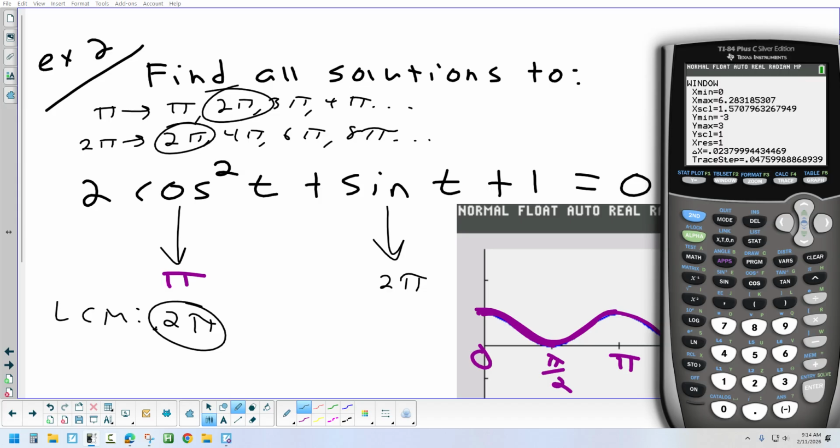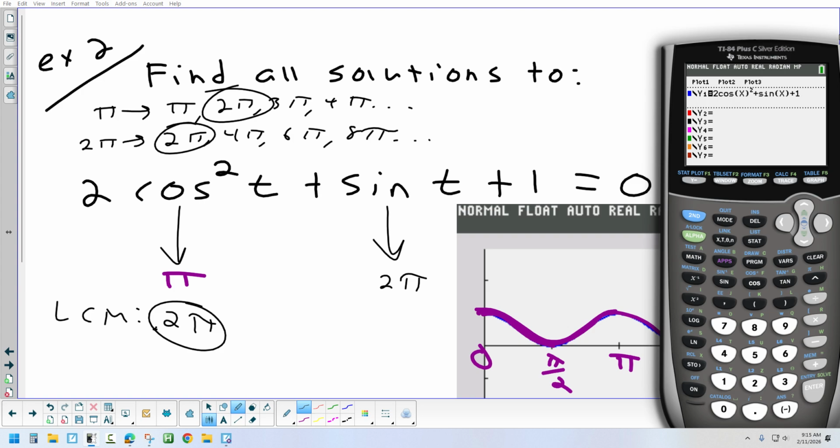Okay, what else do I do? Well, we're going to be solving for roots, so we want to get everything on one side and 0 on the other. So that's actually good the way it is. Just plug it in. So let's put 2 cosine squared x plus sine x plus 1.